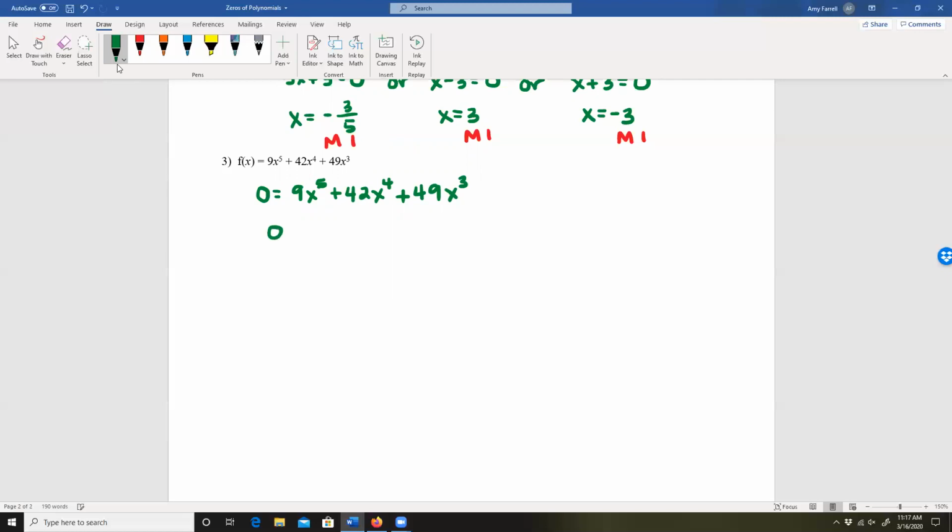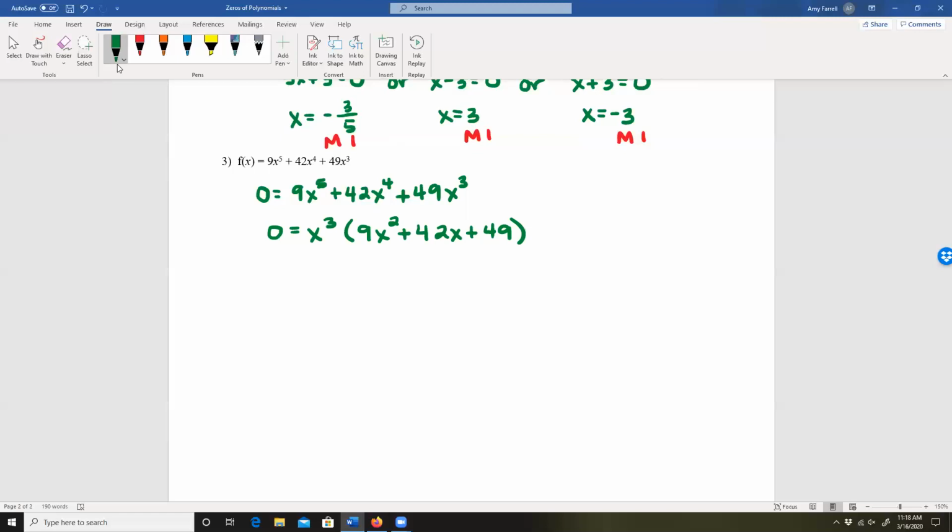So first thing I notice is there is a GCF of x cubed. So let me factor that out first. And then after factoring this GCF, I'm left with a trinomial.